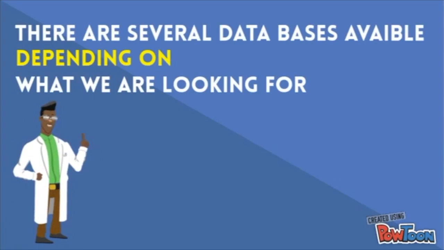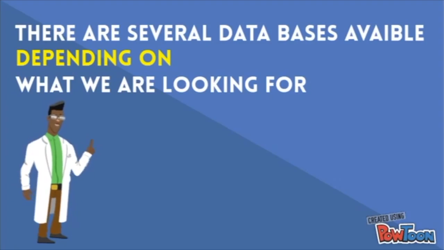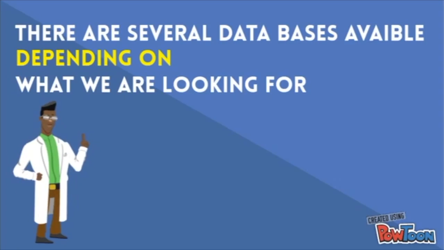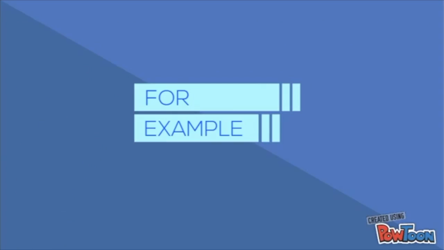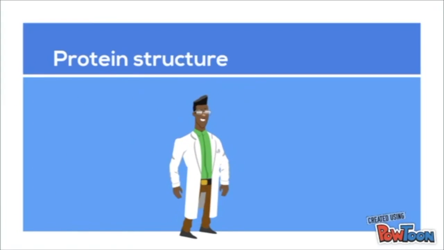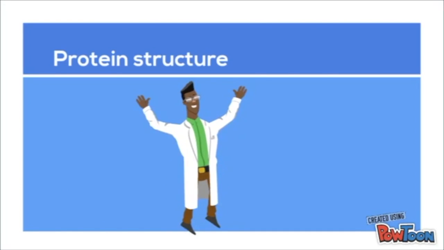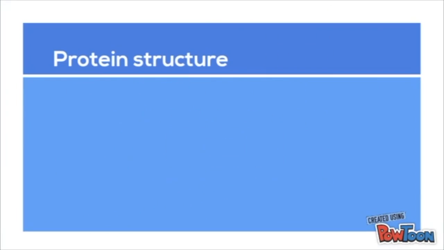There are several databases available depending on what we are looking for. For example, for protein structure, we can enter two databases named Worldwide Protein Data Bank and the Protein Data Bank.